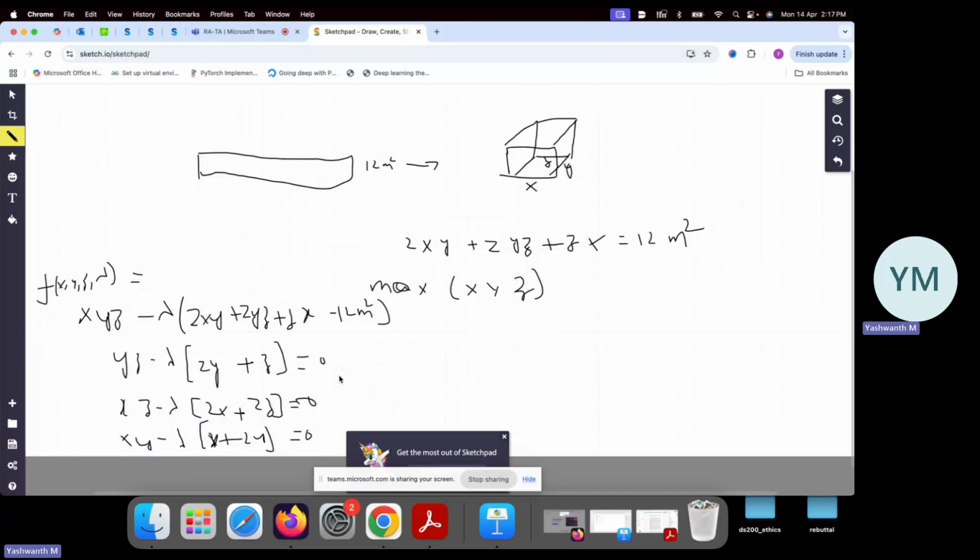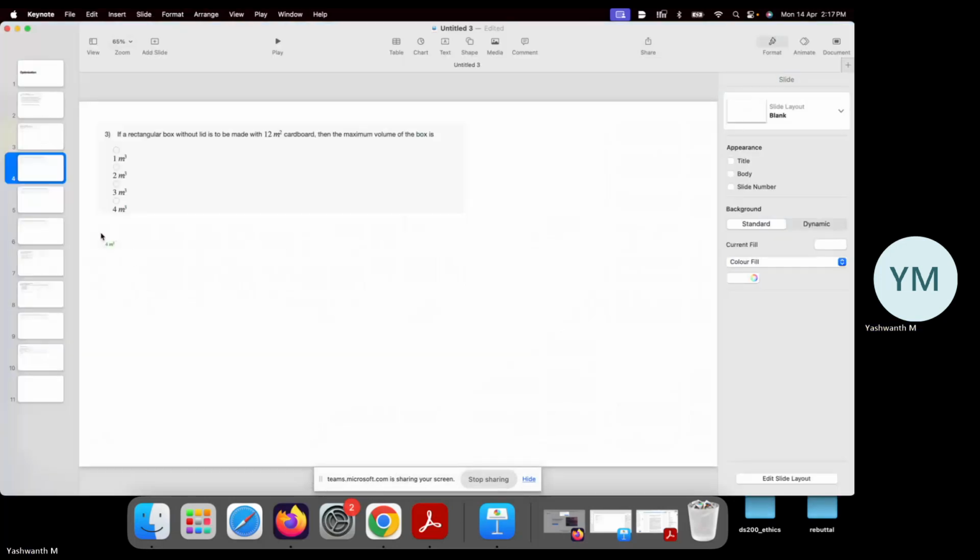So we need to solve these equations and find the maximum value of xyz, satisfying this constraint, of course. So that will yield a solution of 4m cubed.